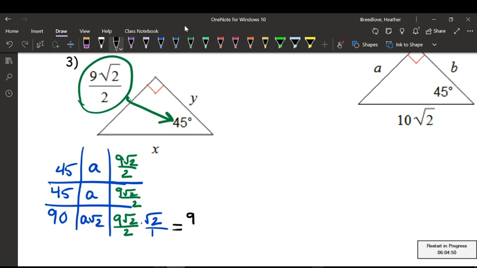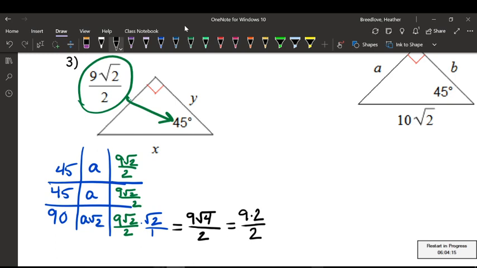Square root 2 times square root 2 is going to give me the square root of 4. And what's the square root of 4? 2. So I'm going to write it as 9 times 2. Or I could write it as 18. Either way is fine. But in the denominator, I have 2 times 1, so that's just 2. And so then I write it again as 2. You can do all the steps across the numerator, then the denominator, or do both steps at once, your preference.